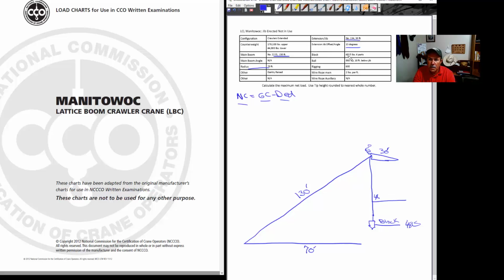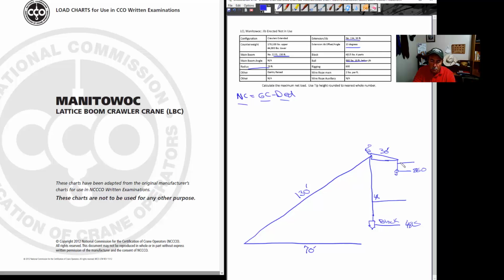Going back to our data table, we have a ball that weighs 860 pounds. And we have 10 feet of wire rope that's connected to the ball, 10 feet hanging off of the jib. And that's going to be a deduction.